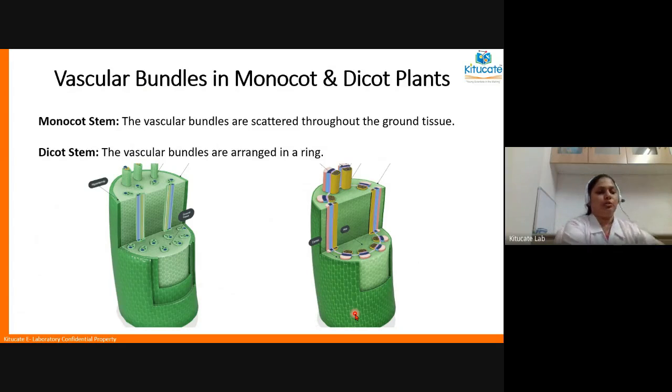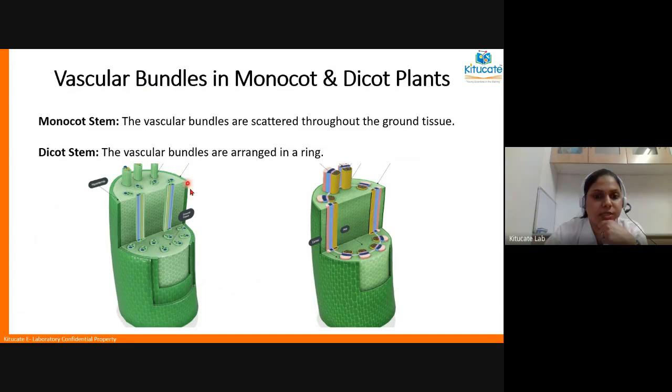How can we do that? We can do that by understanding the structure of their stem. So this is a cross section of the stem of a monocot plant, and this is that of a dicot plant. If you see here, these small round structures are vascular bundles.